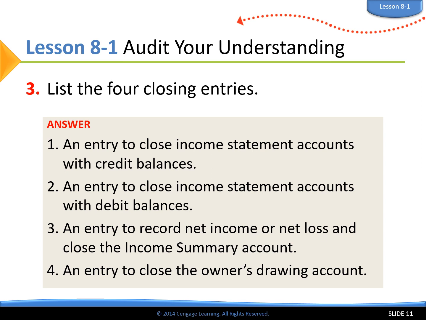Okay, we're going to close our income. And then an entry to record net income or net loss and close the income summary account. Okay, this is going to be either added or subtracted from capital, right? And then closed to the income summary account. Then an entry to close the owner's drawing account. So that is going to go directly against owner's equity. All right.